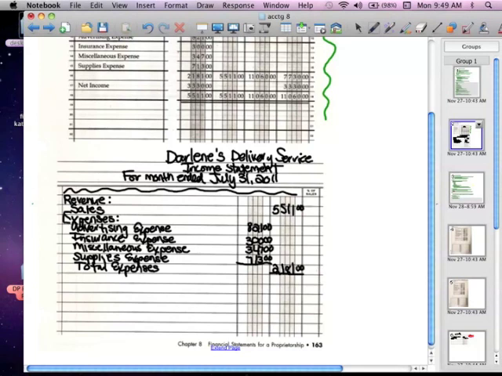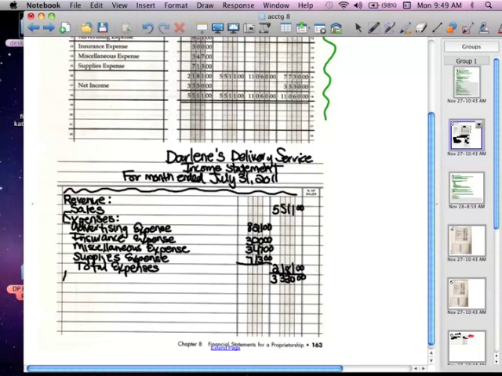Now you're going to write whether you have a net income or net loss. You're going to subtract: take 5,511 minus 2,181. See what you get. Hopefully you get 3,330. That number represents net income, right? Because revenue was larger.